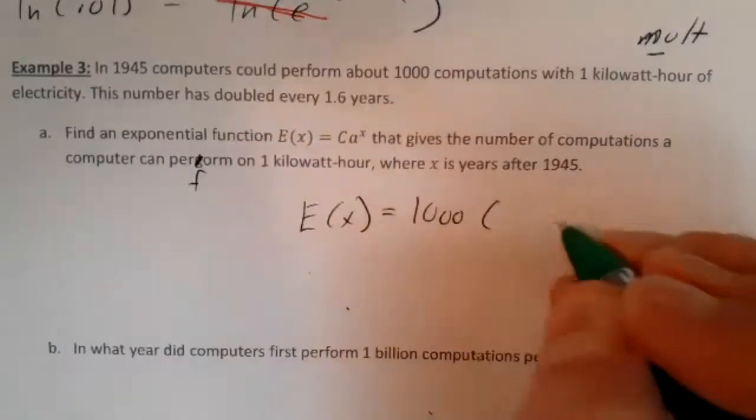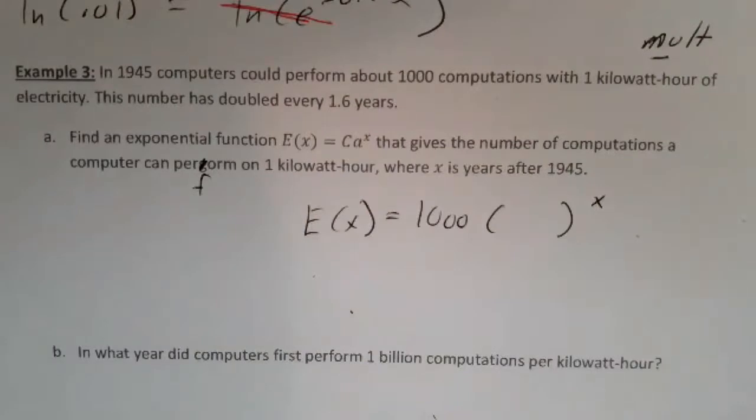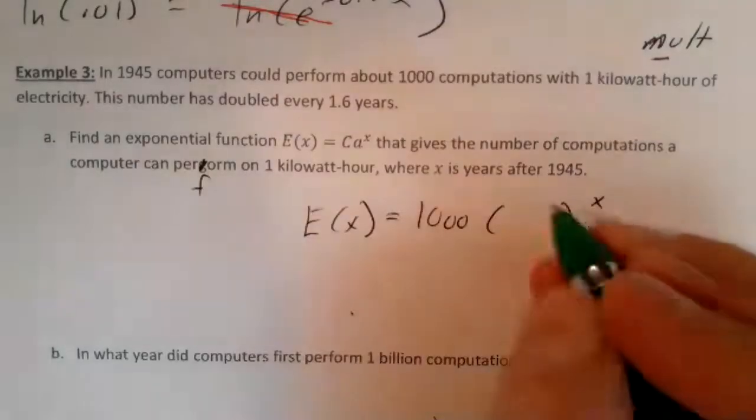And so I still need my A to the X. So they're going to double every 1.6 years. So for doubling, the amount that we're multiplying by is 2.